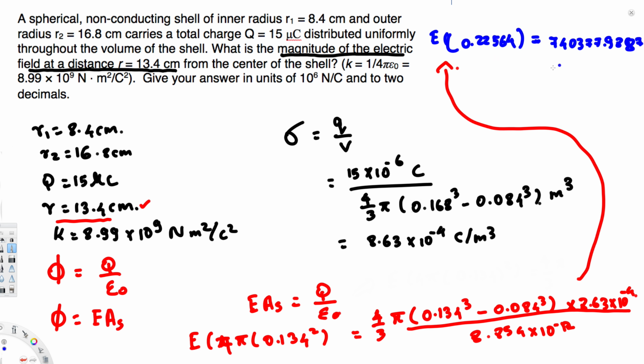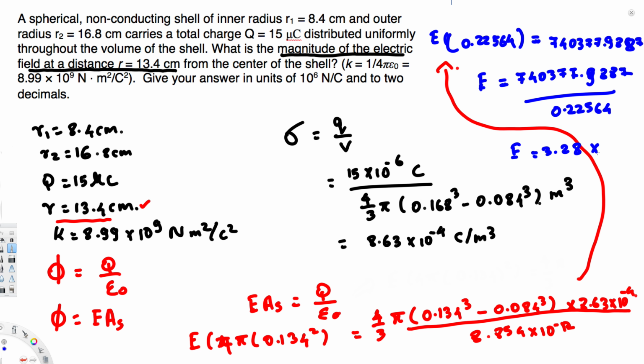So this is our value for this one, therefore E is going to be equal to 740,377.9887 over 0.22564, and if you calculate this electric field you will end up with 3.28 times 10 to the power of 6 Newton per Coulomb, and that's going to be our final answer.